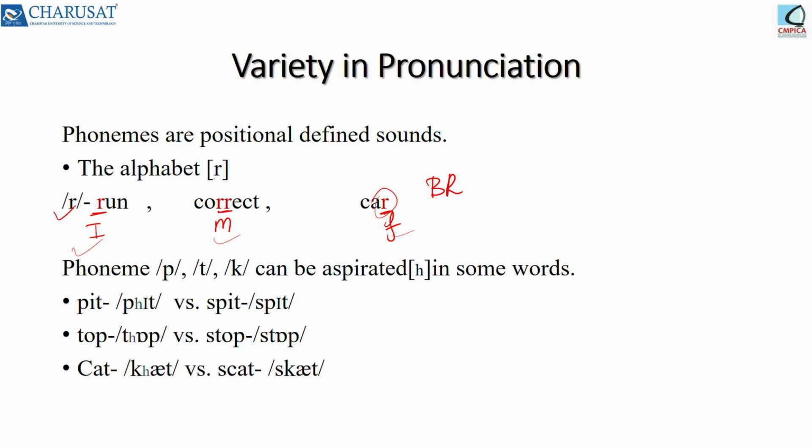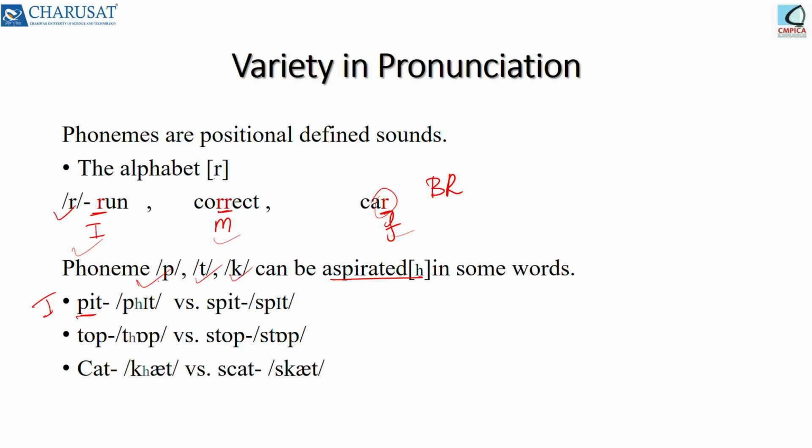Let's take another example of p, t, k. When we speak pit, pit is first. Again, it is the first initial sound. So pit is aspirated. Whenever these are coming as the first sound, p, t and k, all three of them have the common characteristic of being aspirated. What is aspirated?